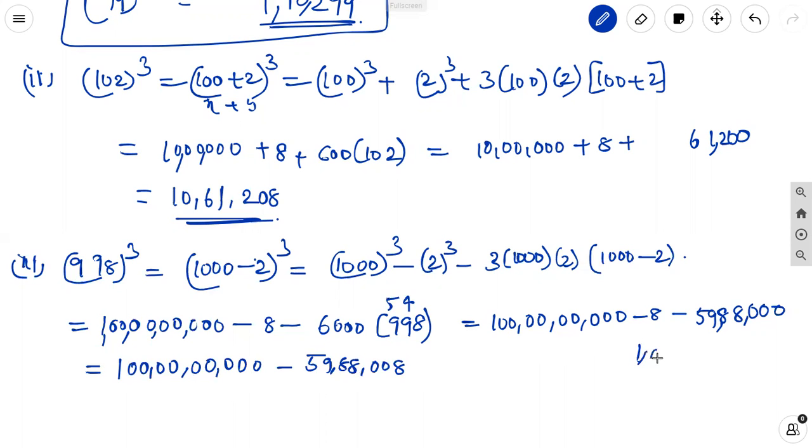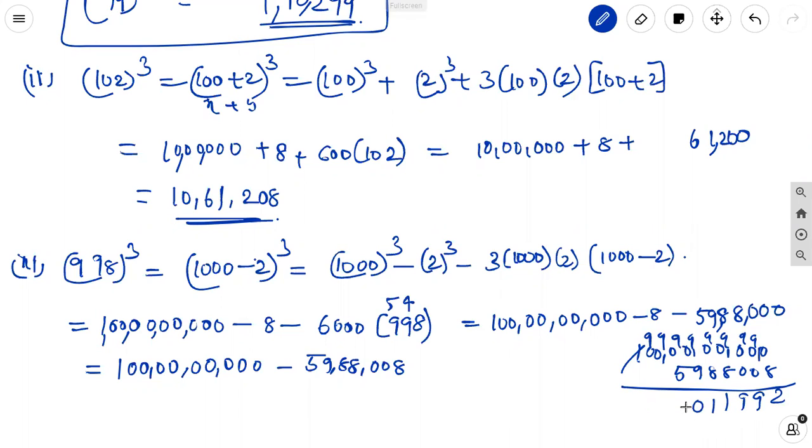Subtract, borrow. We get 99 crore 40 lakh 11,992 is the answer.